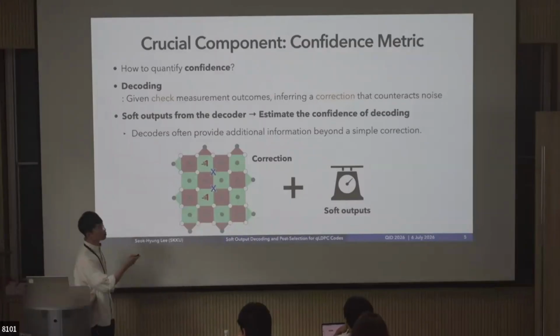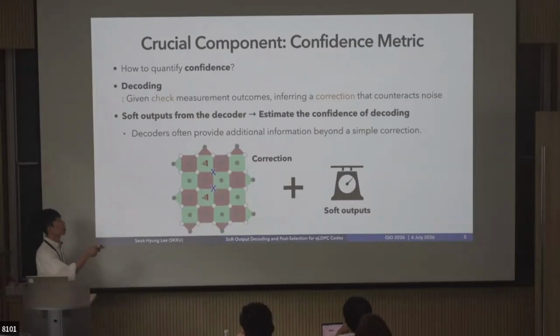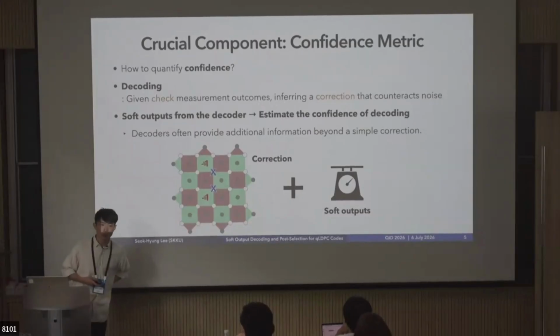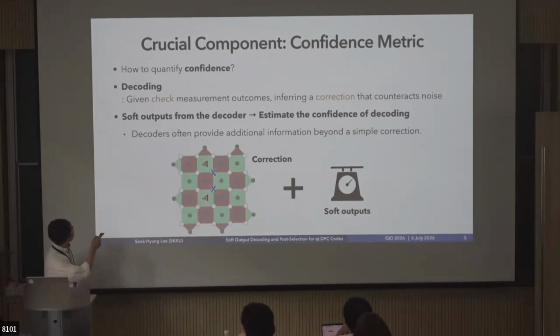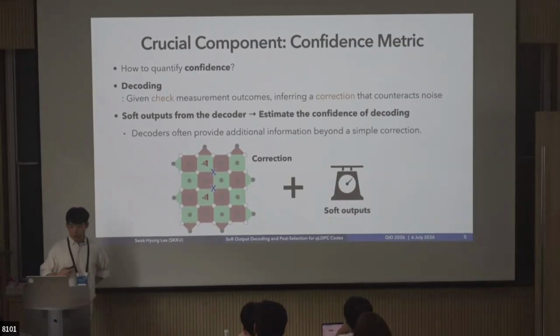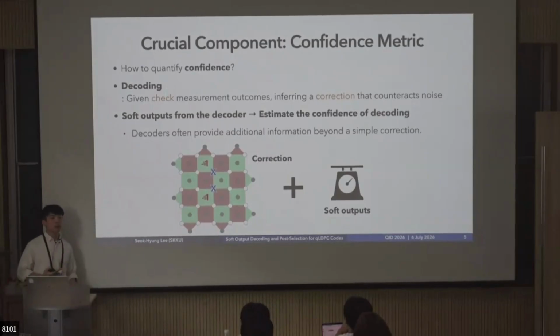The crucial part of this post-selection strategy is how we can quantify the confidence of decoding. The task of decoding is, given check measurement outcomes, to infer a correction to counteract noise.